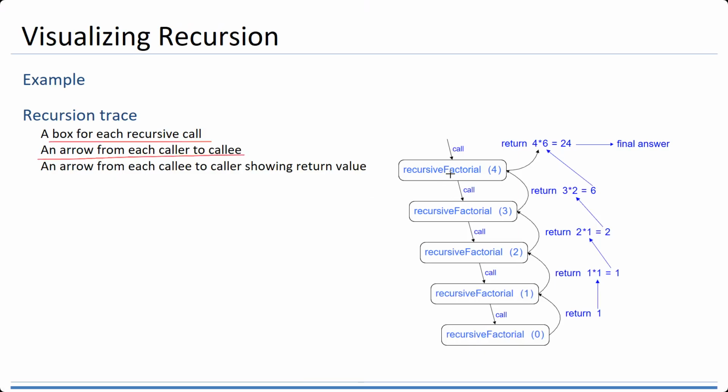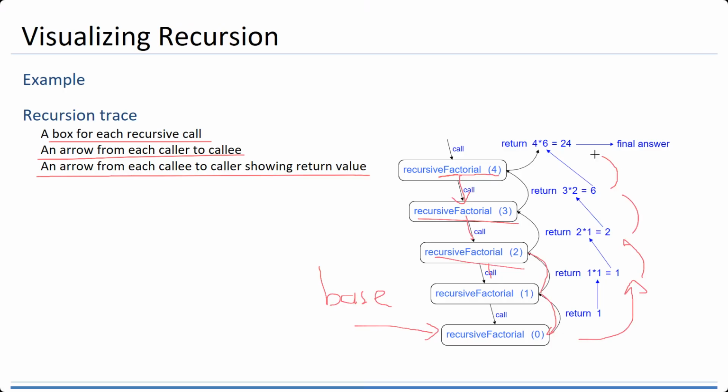After we run this function, we go to the next, and the next, and the next. An arrow from the callee to the caller shows the return value. After we reach the base case, we return, return, return, and return.